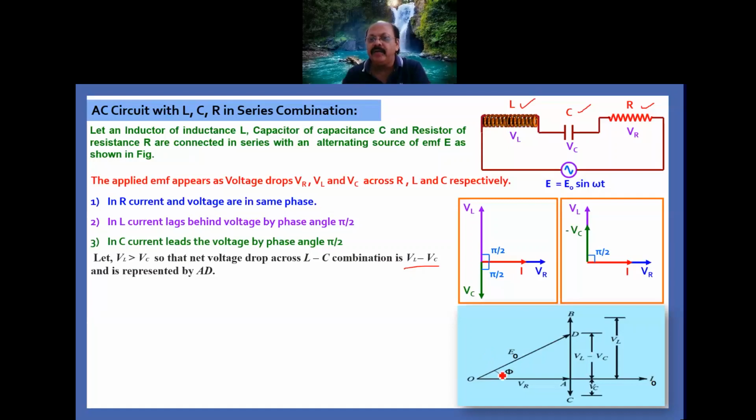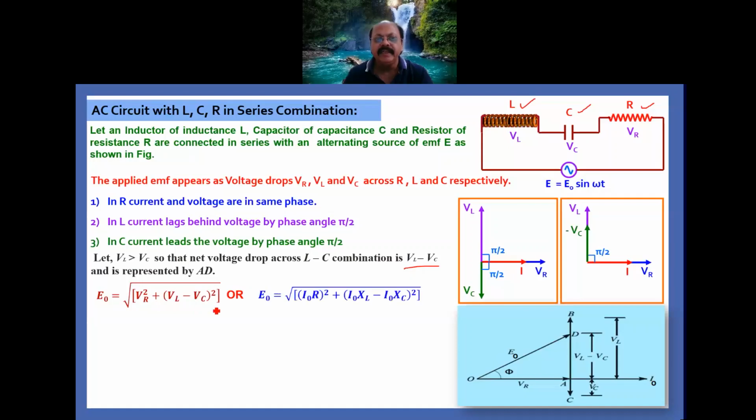So OD square equals OA square plus AD square. You see here, OD is E naught, OA is VR, AD is VL minus VC. So E naught square equals VR square plus VL minus VC whole square. Removing the square, E naught equals under root VR square plus VL minus VC whole square.